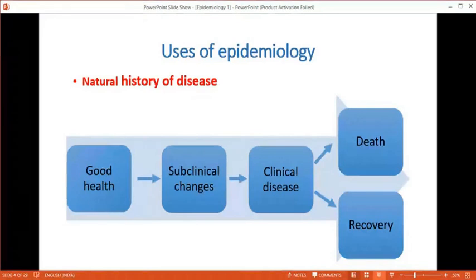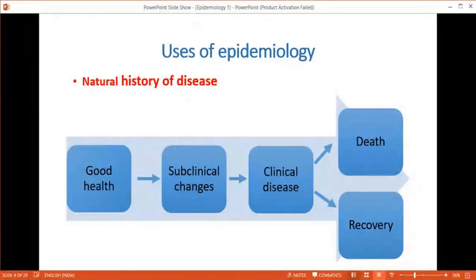But until the time you diagnose it, in the gap there would have been subclinical changes, right from the time the person had the disease to the time when he was diagnosed. What would have happened in this subclinical phase, and what are the earlier stages in which they will come to us? Maybe he would have had a cough if it was lung cancer, or if it is breast cancer, then he could have palpated a nodule, or it could have been an ulcer. But till then, the changes will be subclinical.